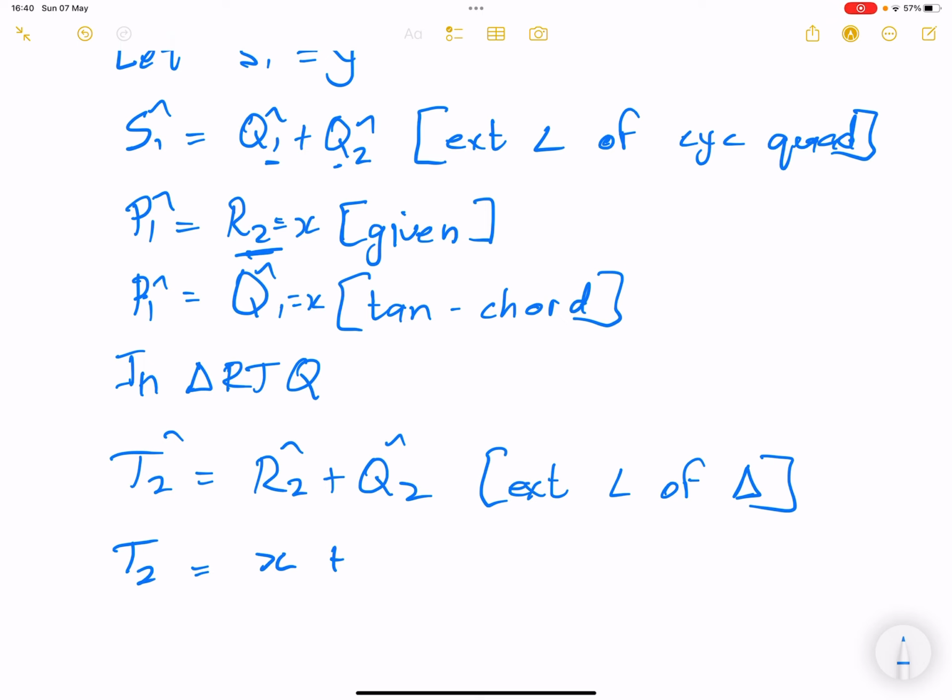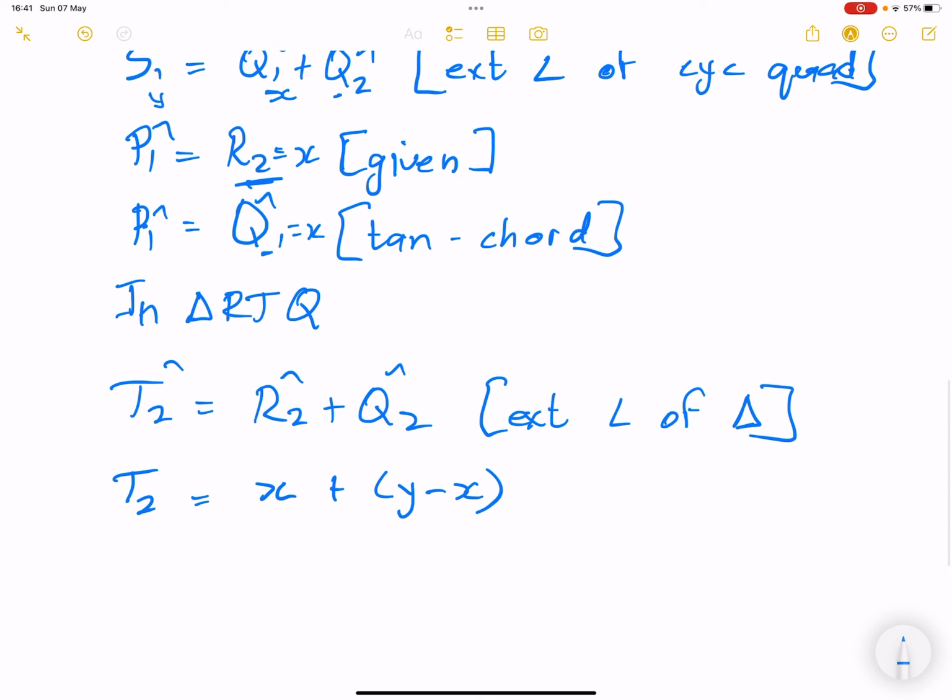I want you to remember that Q1 is equal to x. So in this case, this is x and this is y. So we can say that Q2 is actually y minus x, right? Therefore, T2 would be equal to x plus y minus x, which is equal to y.